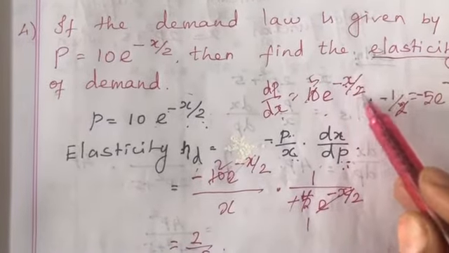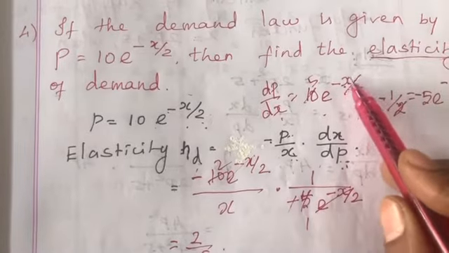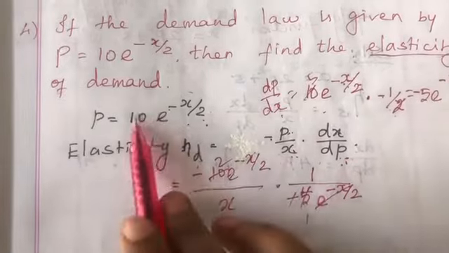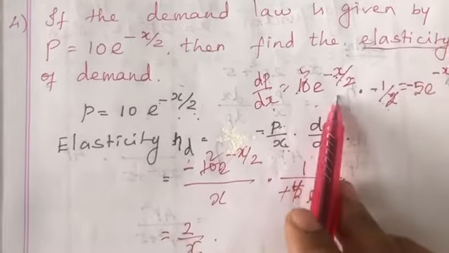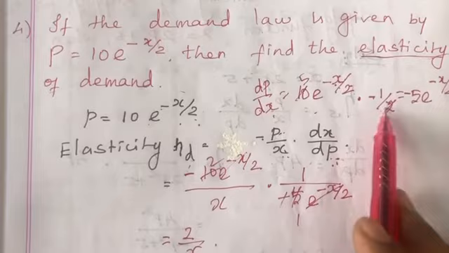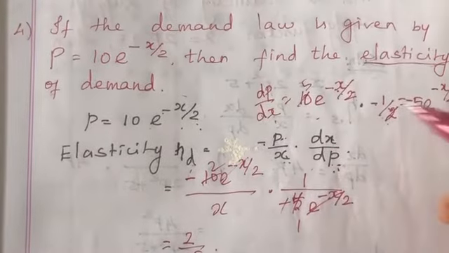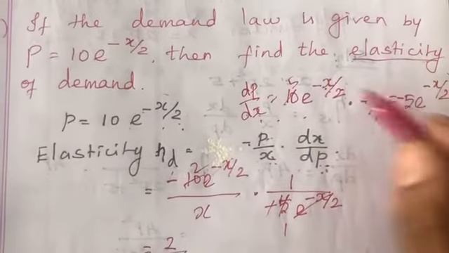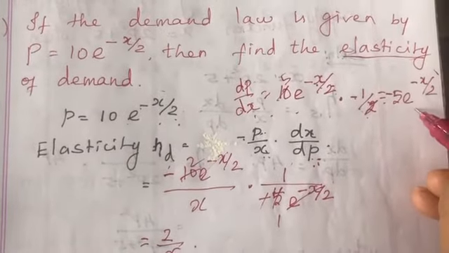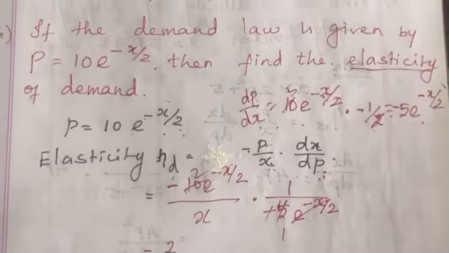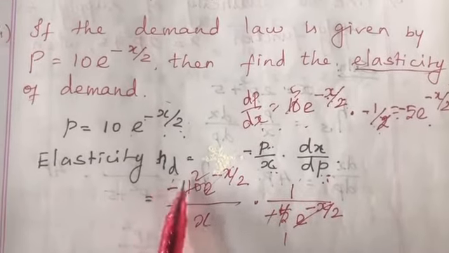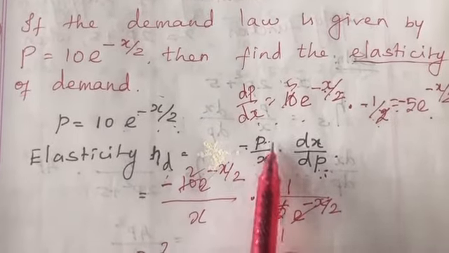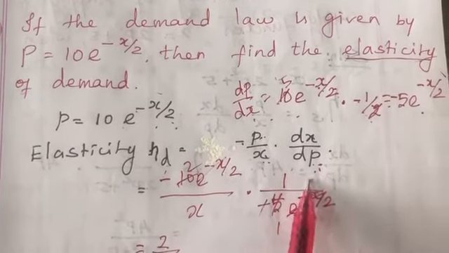So we have to differentiate that also. So minus x by 2's differentiation is minus 1 by 2. Okay. So 10 into e power minus x by 2 into minus 1 by 2. That is the exponent's differentiation. So 2 and 10 will get cancelled. So it is minus 5 into e power minus x by 2. Okay. Now you can substitute in the formula, elasticity eta d is equal to minus p by x into dx by dp.